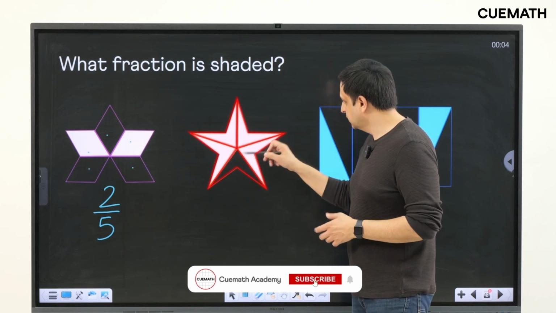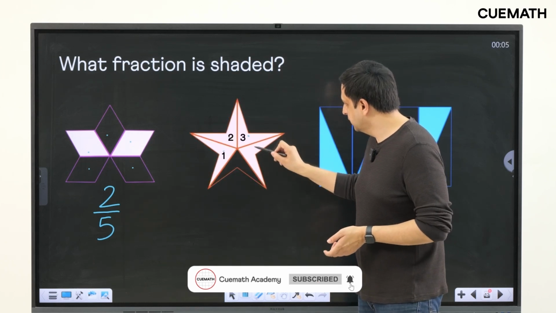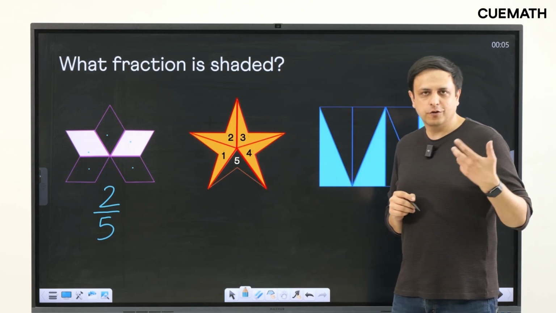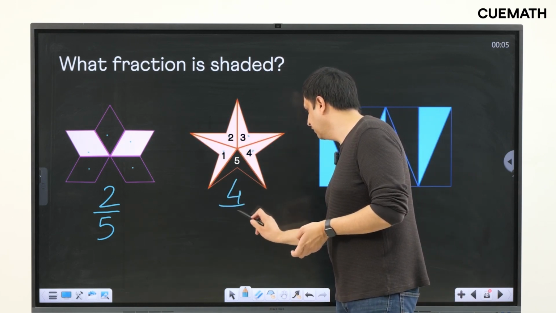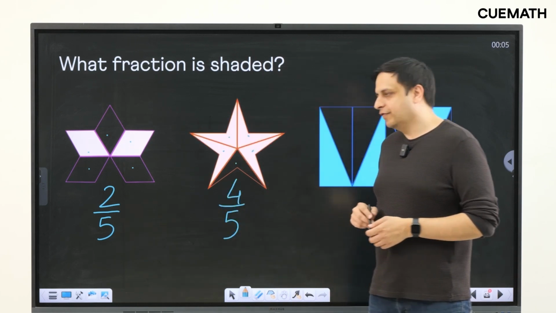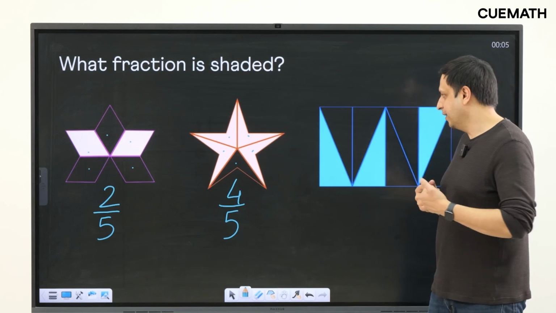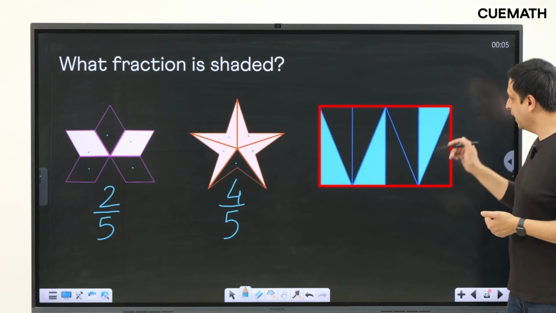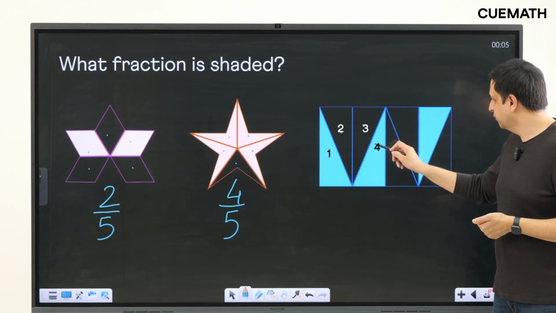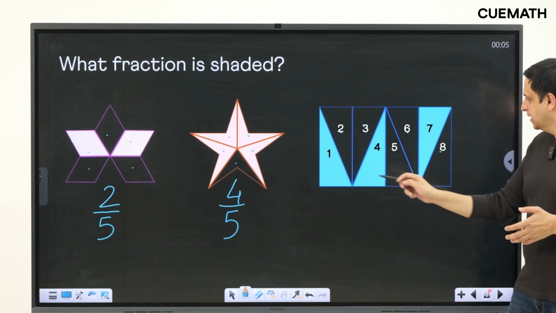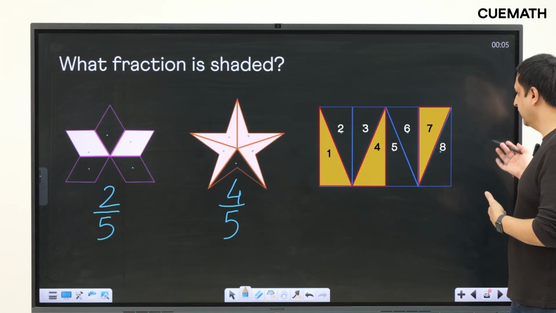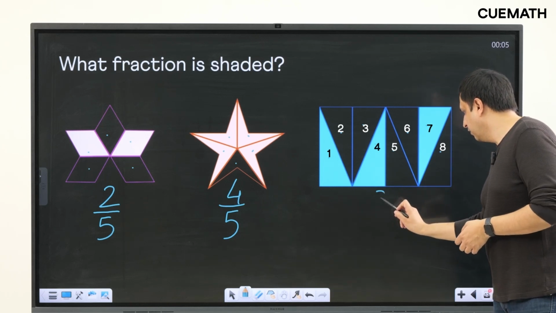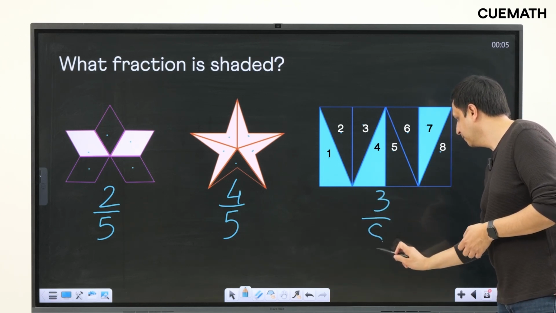In this case, the star has been divided into 1, 2, 3, 4, 5 equal parts. 4 of those 5 parts are shaded. So, 4 will be our numerator, 5 will be our denominator, and the fraction will be read as 4 over 5. In this case, the rectangle has been divided into 1, 2, 3, 4, 5, 6, 7, 8 equal parts. 3 of those parts are shaded. So, 3 will be the numerator, 8 will be the denominator, and we will write this as 3 over 8.